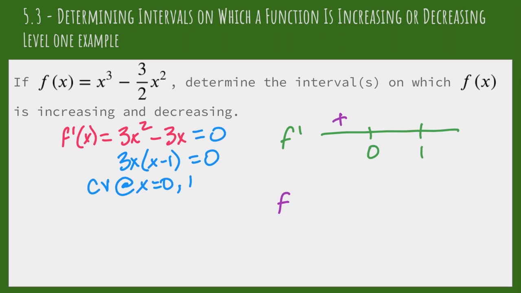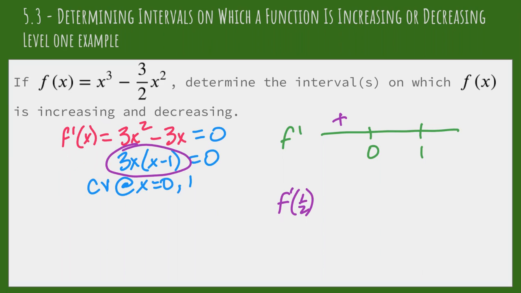If I plug in 1/2, remember I'm plugging into the derivative, so I want to know the sign of the derivative at this point. I plug in positive 1/2. I'm actually going to plug it into the factored form. Make sure that if you do this, it's actually equal to the derivative. If those two are not equal, then we don't want to be doing this.